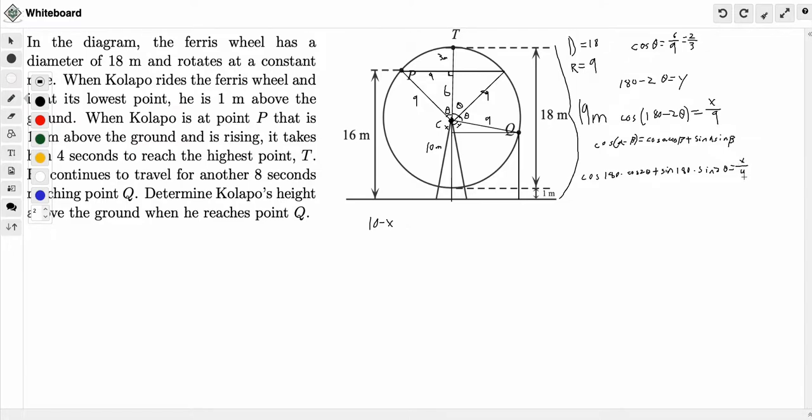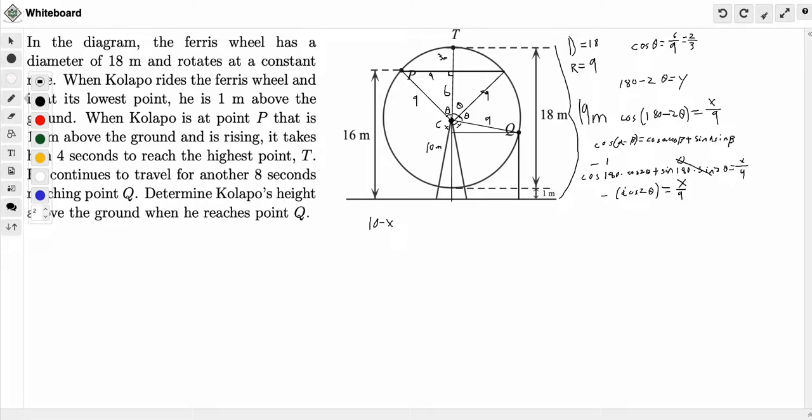Now I can simplify this. Sine 180 is 0, so this part cancels out. Cosine of 180 is -1. So we are left with minus cosine of 2 theta is equal to x over 9.